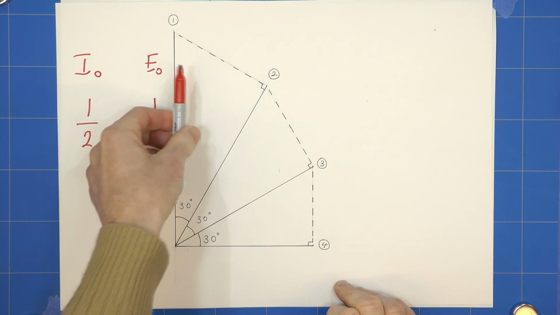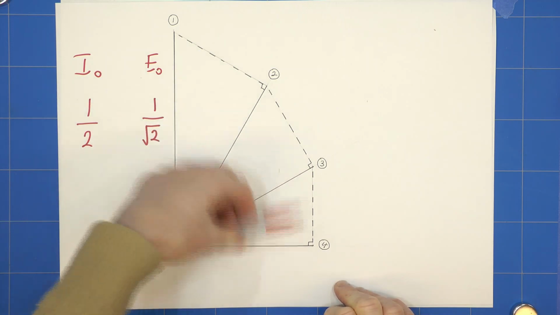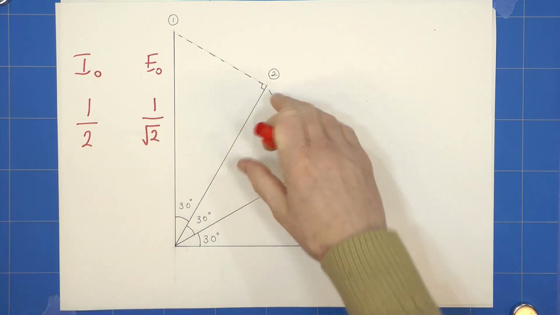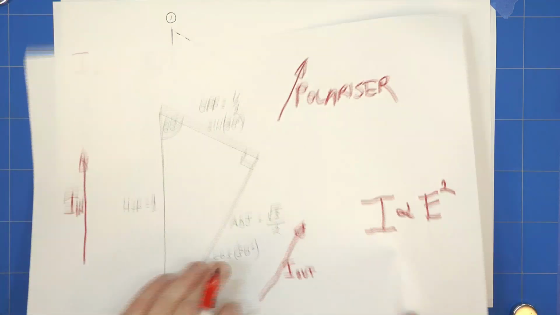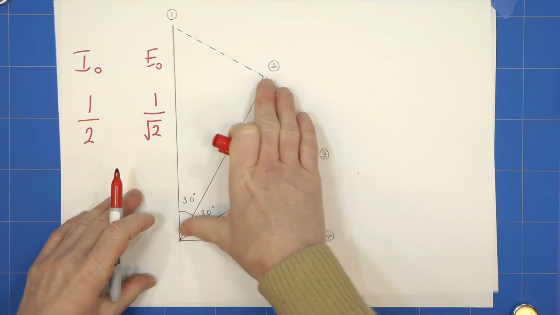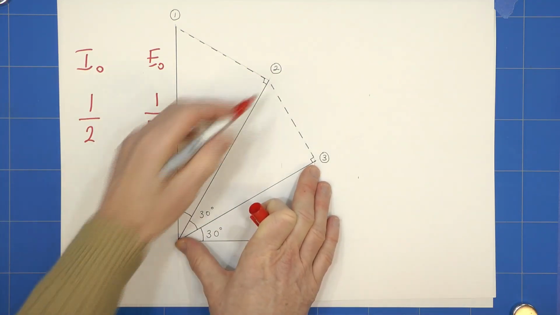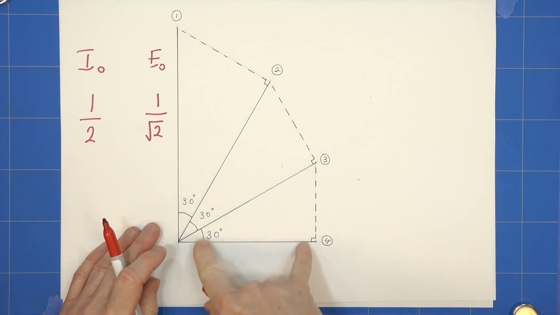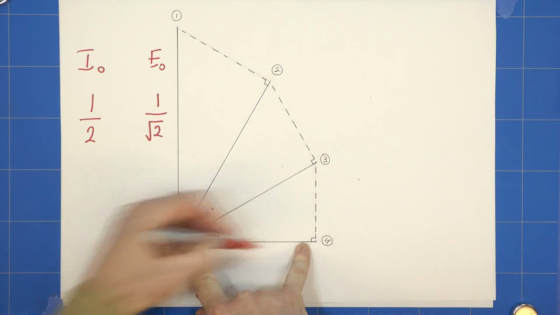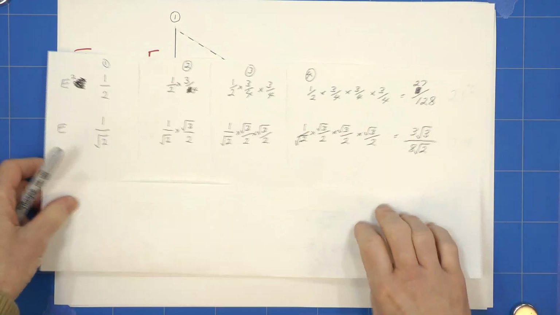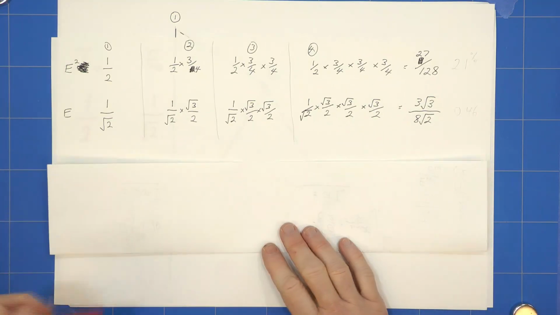We then subsequently lose the same amount each time, and this value we saw from over here is root 3 over 2, so we simply say root 3 over 2 of that value, getting onto this one, root 3 over 2 of this value, and finally down here this is root 3 over 2 of that. If you put all that together, what you get is here.